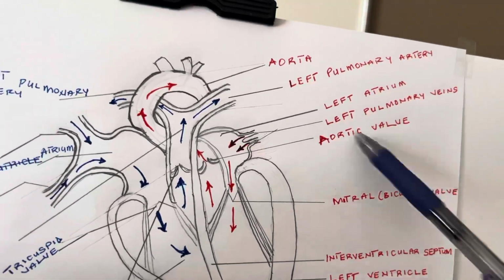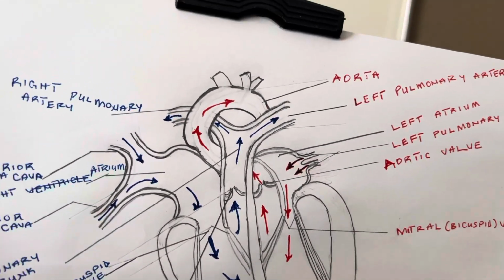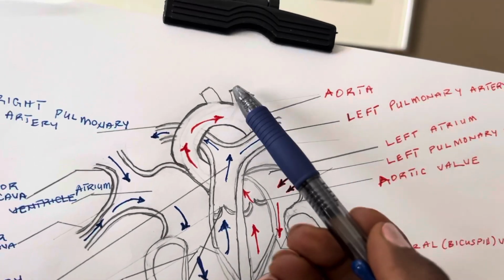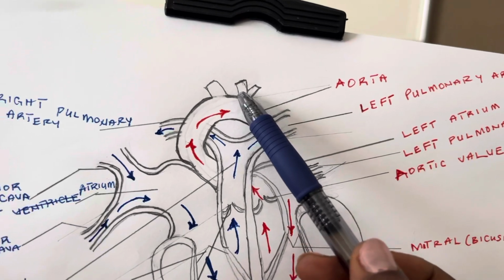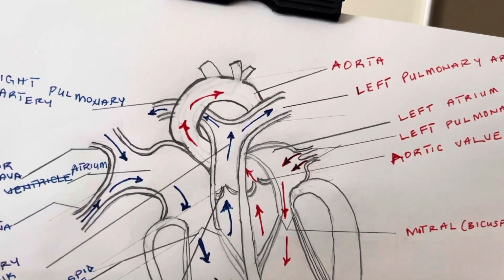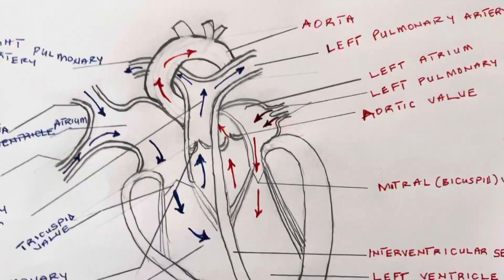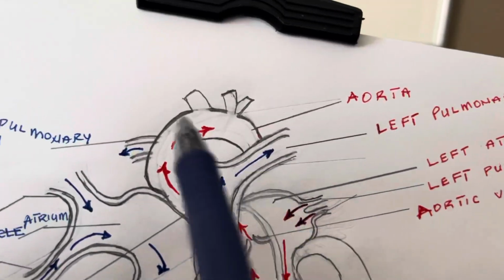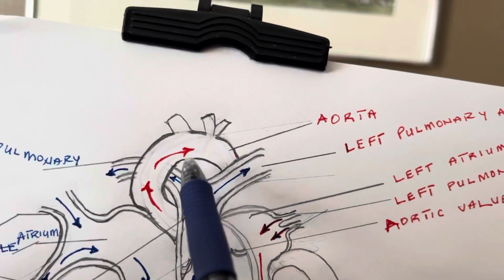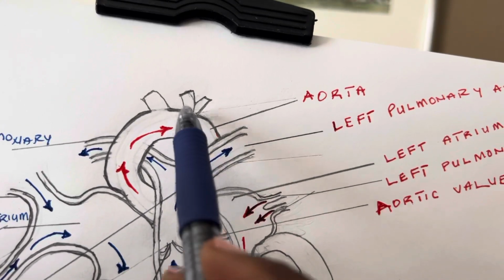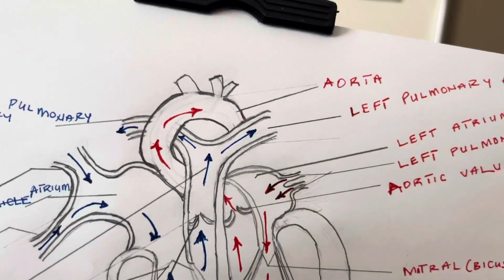So forgive me, but this will be my left subclavian artery on this side, and this will be my left common carotid artery, and this will be my brachiocephalic trunk or artery. These arteries take oxygenated blood from the aorta, and it goes into the various parts of the body.